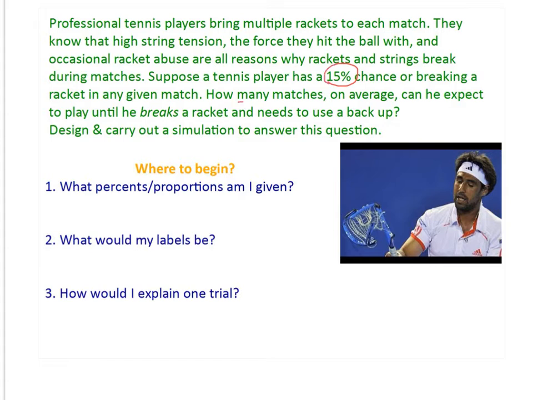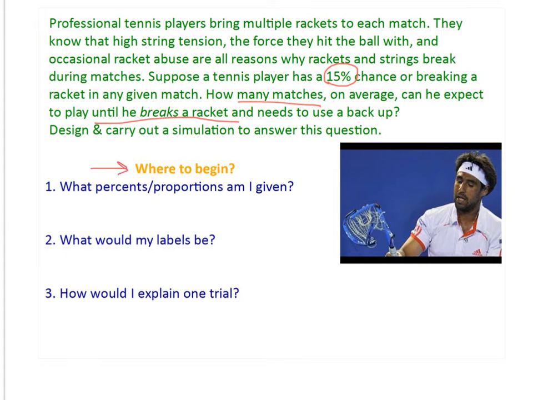How many matches, on average, can he expect to play until he breaks a racket and needs to use a backup? Design and carry out a simulation to answer this question. So they just gave us a prompt, and we're given a percent, what we're looking for, how many matches, and then a prompt to design and carry out a simulation. I asked some questions down here, and we're going to go through these.